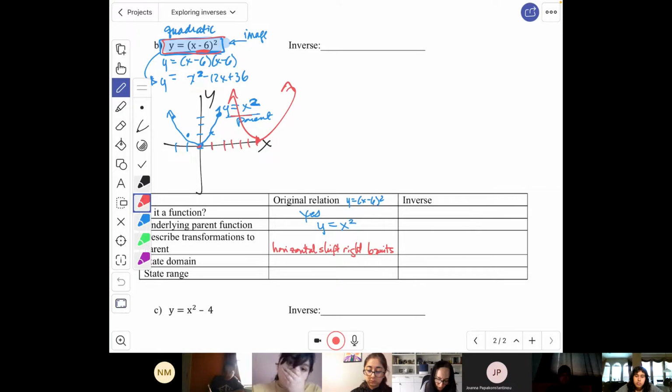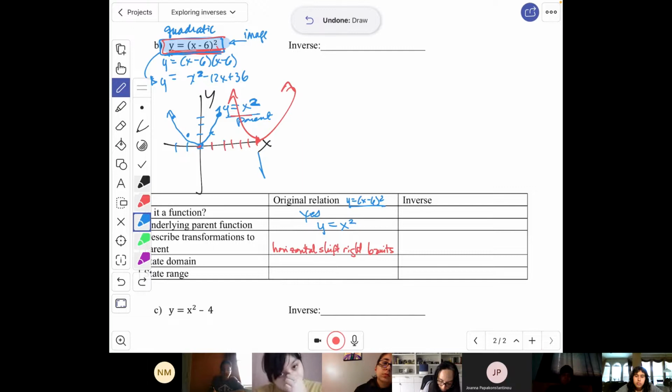What is the domain of this function? I'm looking at this graph here. The domain is all real numbers.